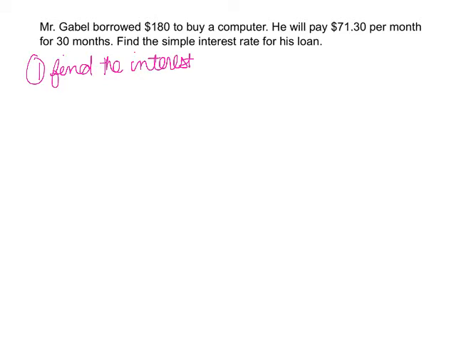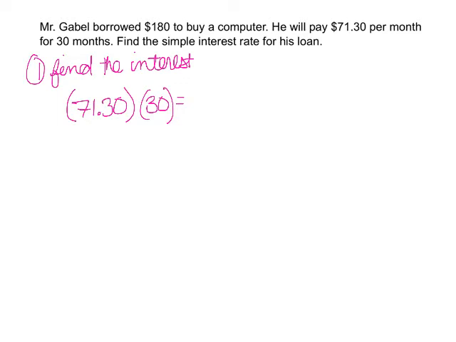And to find the interest that he paid, I can take $71.30 times 30. Because this is going to tell me how much he paid total. So after all of his 30 months of payments, how much money did he totally spend?